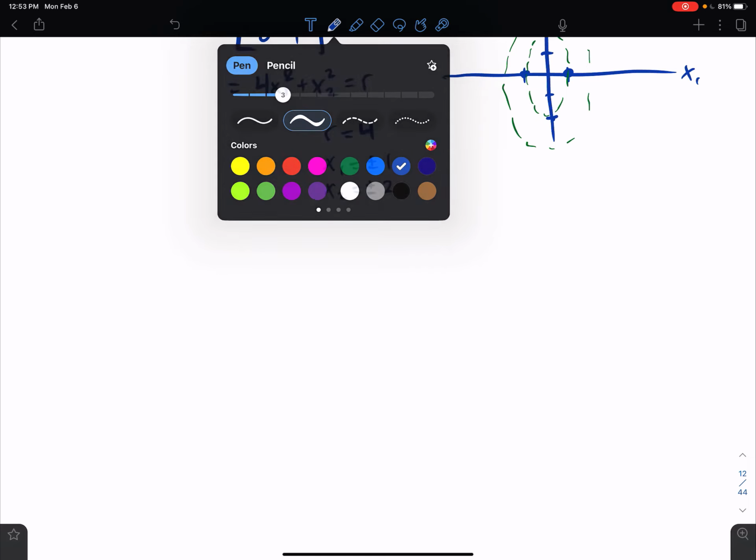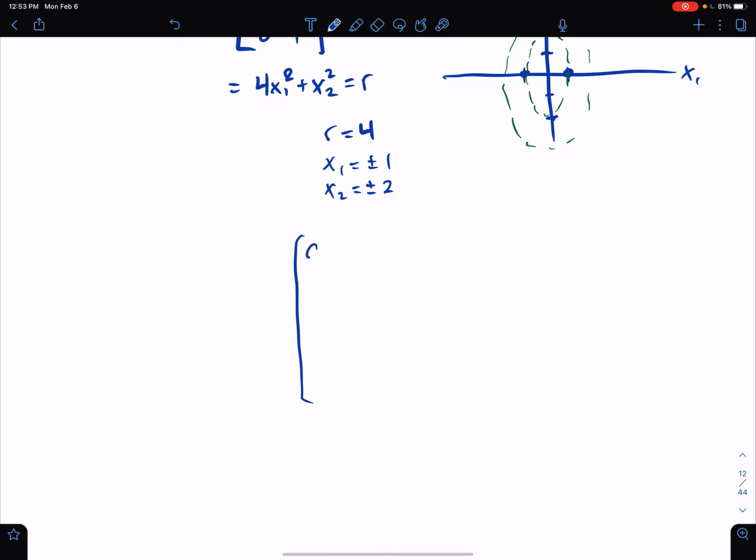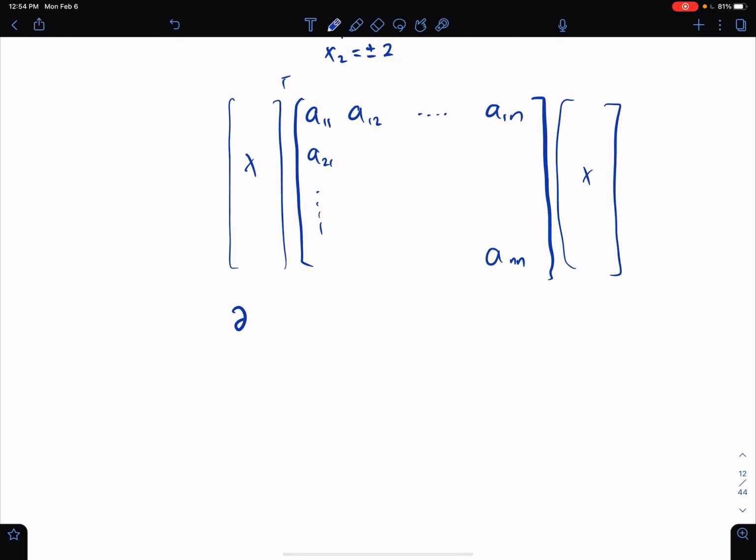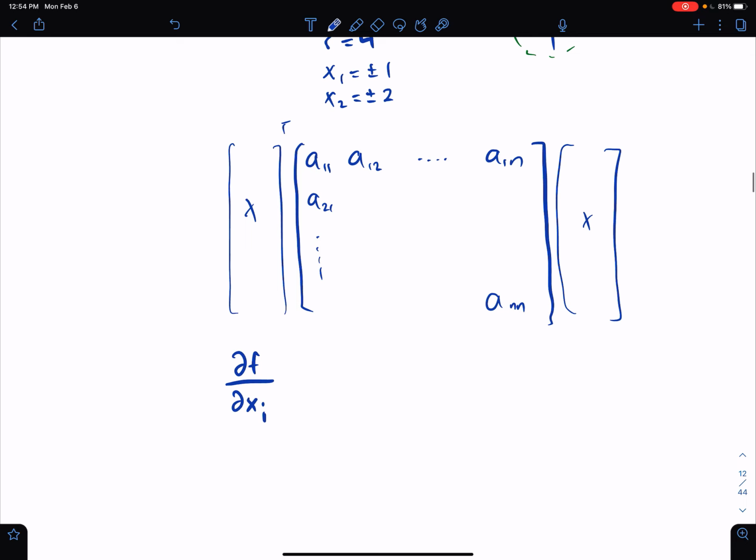So in the general case, we have A11, A12, so X transpose A X. So if we're looking at the gradient of this expression, partial f with respect to, let's say, partial xi, how do we actually compute it? What terms are affected by xi?